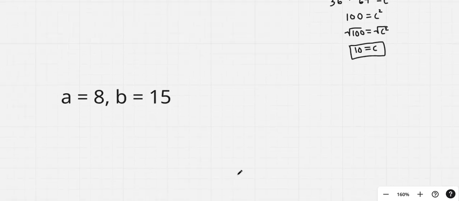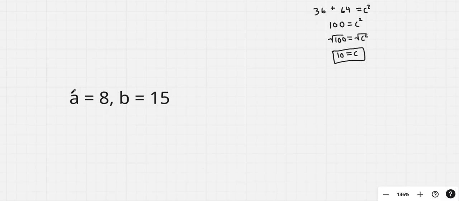Let's look at our next problem. A equals 8, b equals 15. Let's remind ourselves of the Pythagorean theorem. A squared plus b squared equals c squared, in which c is our hypotenuse.